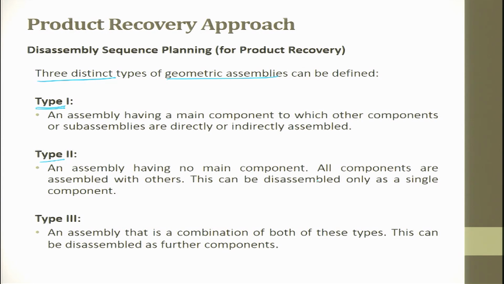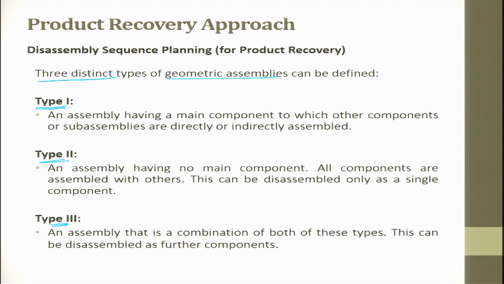This can be disassembled only as a single component. Type 3 is an assembly that is a combination of both of these types, and this can be disassembled into further components.